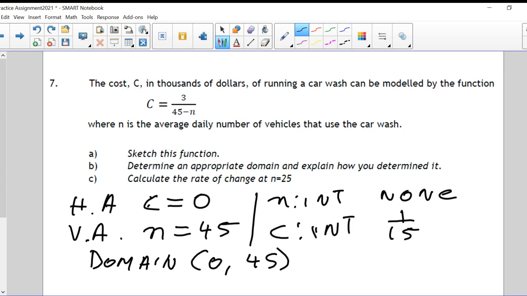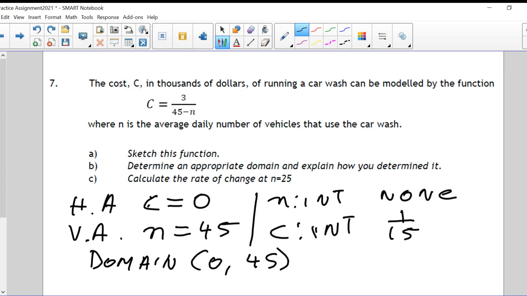So I know you gave me the c-intercept as being 1 over 15, and I agree with that. If in theory we were to make n 0, but we know that in reality, because of what we're dealing with here, where n is the number of cars, we can't have... Actually, you know what? Let me take that back. I'm going to reverse course on that.